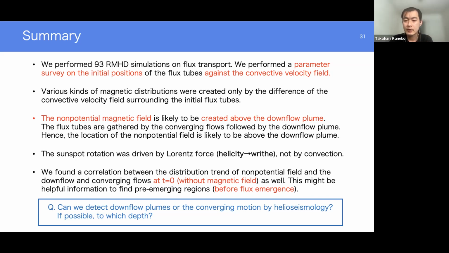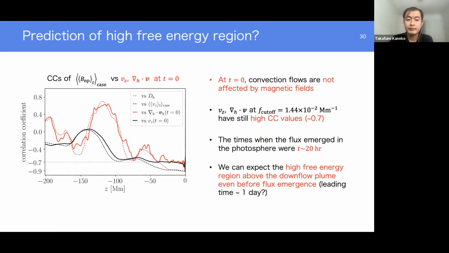Because of the temporal variation of the convective flow, the correlation coefficient decreases from 0.9 to 0.7, but we still have a good correlation, even including the temporal variation. So I'm optimistic about comparing with the observation, if we have a chance.